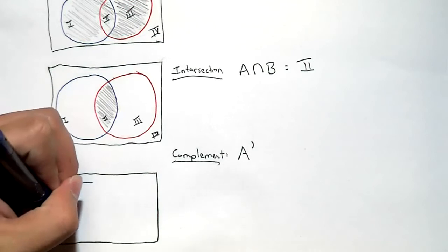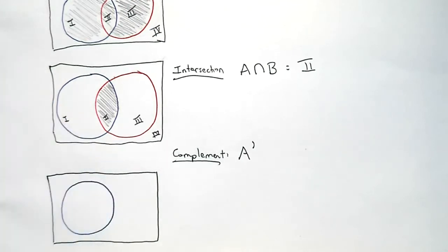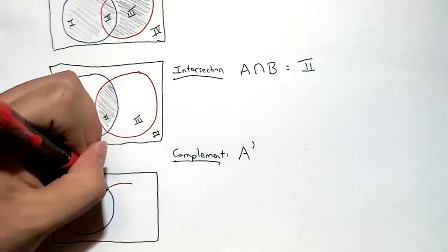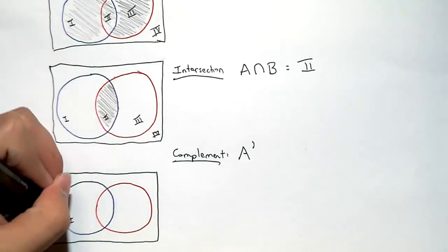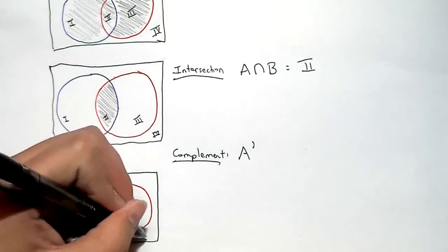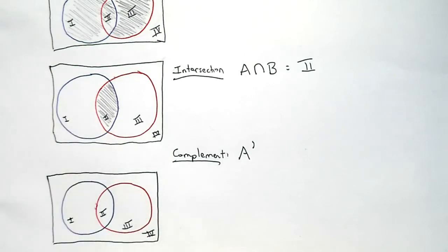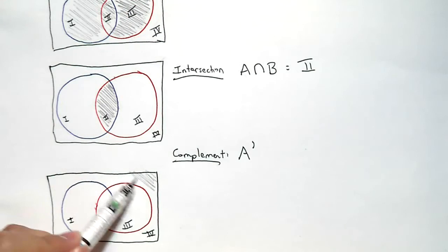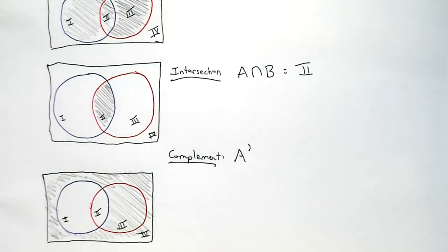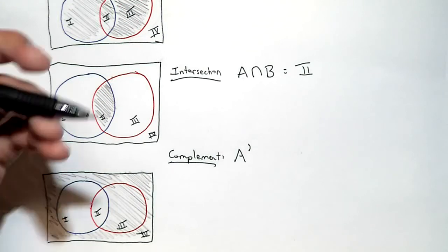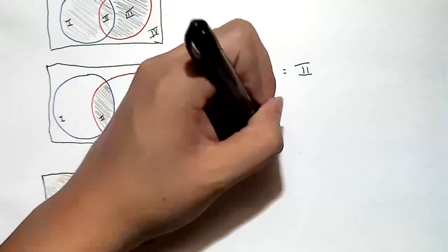Good, that's absolutely right, because 1 and 2 are both regions that are in A. So in this case, my complement will be everything that's outside of that blue circle, everything that's outside of regions 1 and 2. Now somebody said region 4. Now I think we understand why it's actually 3 and 4, not just 4.